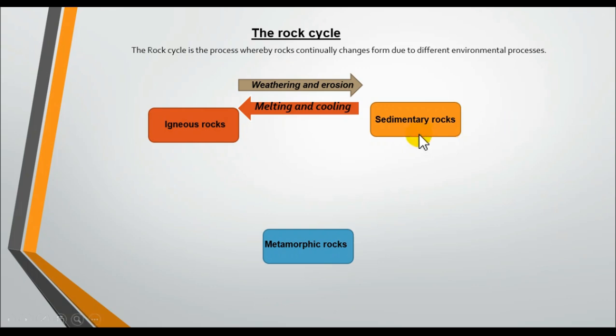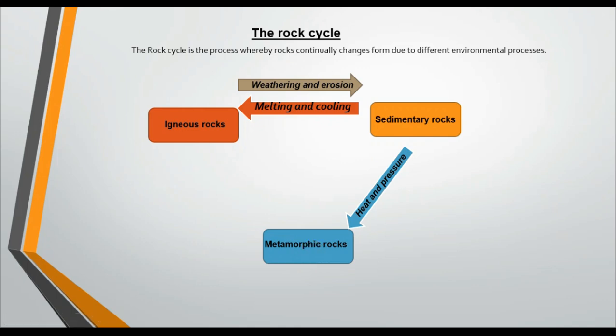Metamorphic rocks. So how do sedimentary rocks turn into metamorphic rocks? In the formation of metamorphic rocks, we know there must be heat and pressure. So these sedimentary rocks experience heat and pressure deep in the earth's crust to form metamorphic rocks.